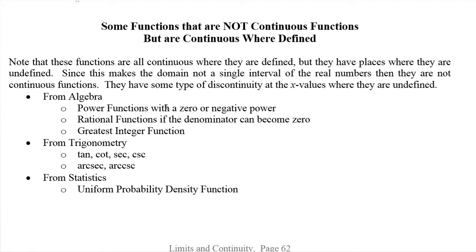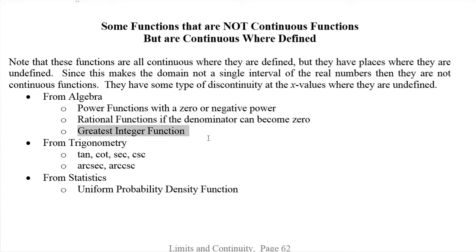With the negative power, all of them are undefined at x equals 0. Rational functions, if the denominator can become 0, have discontinuities at those places where the denominator is 0. We've already looked at some examples of this, and those functions will have either a hole in the graph or a vertical asymptote there.